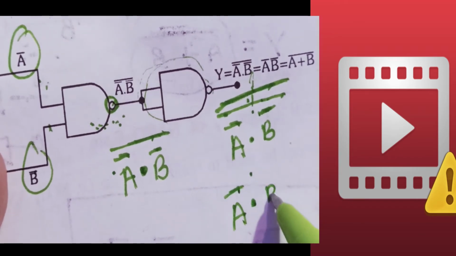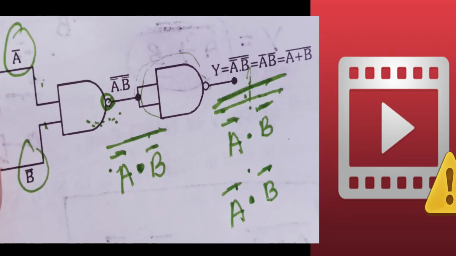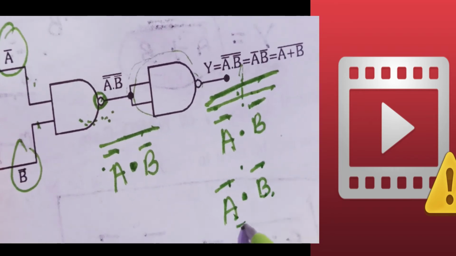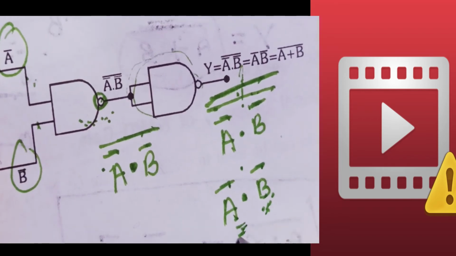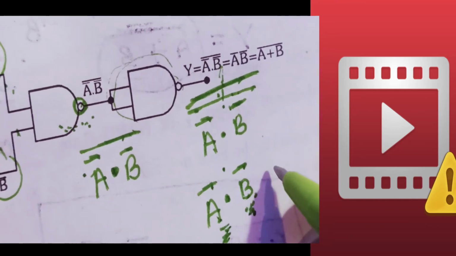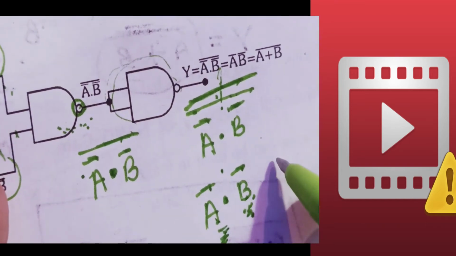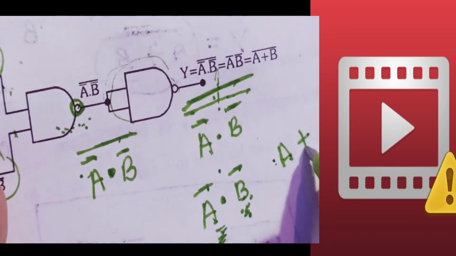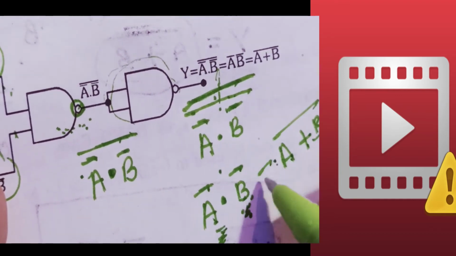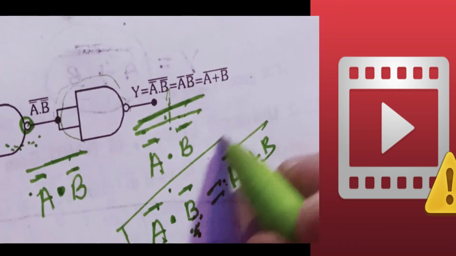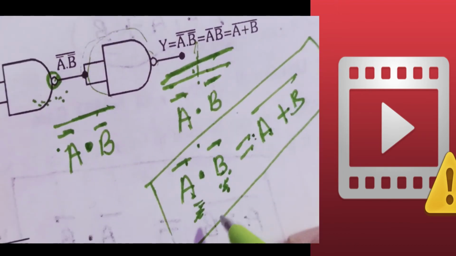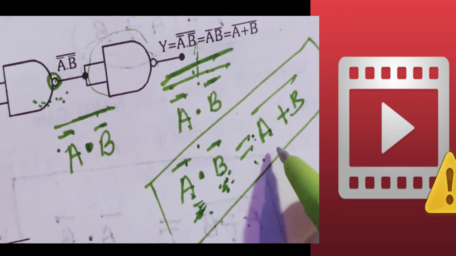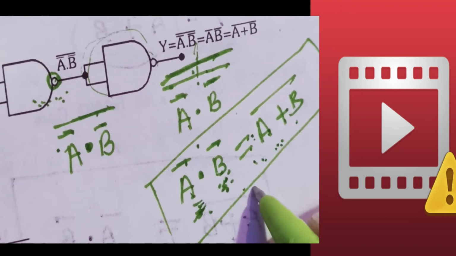A bar, B bar. Okay, this is a bubbled AND gate. A bubbled AND gate is like a NOR gate, A plus B NOR. I already proved this at the start of this video. Bubbled AND gate is the NOR gate.